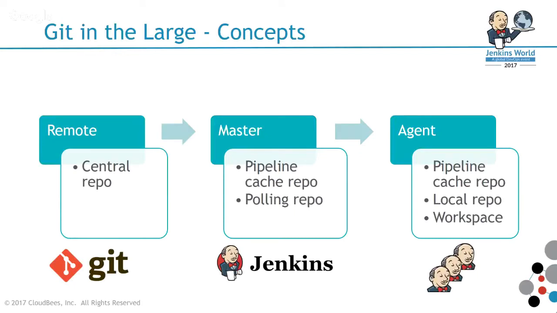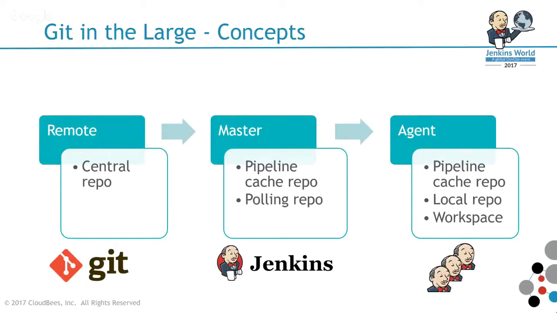So there are some key concepts that you can use to frame your efforts to decide how best to live with a large Git repository. Some of the things that you can do can help you in reducing the load on your remote, on the central repository. Some of the things you can do can help you on the Jenkins master, where it has certain things that it does, like polling for you or caching repos for pipeline.